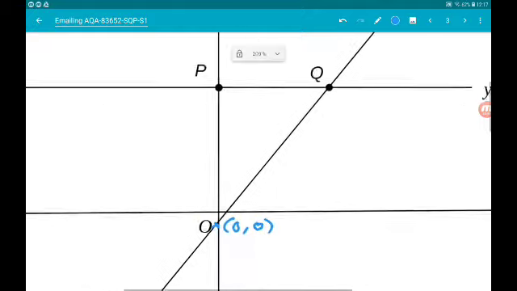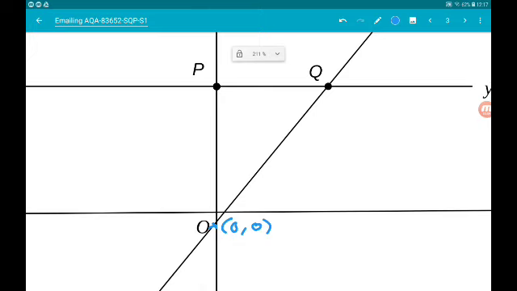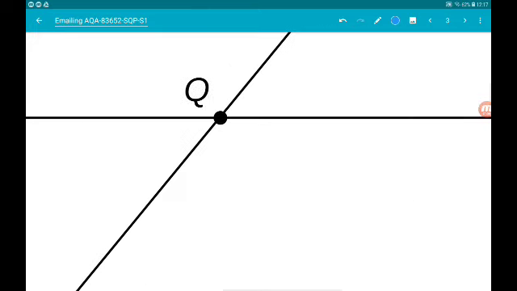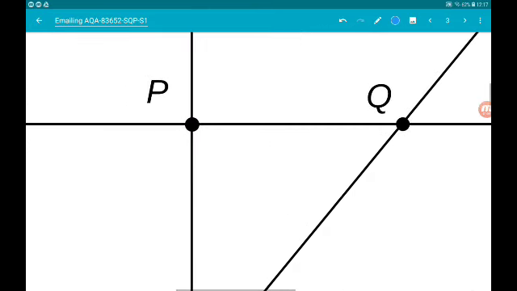So, to work out the area of a triangle, we need to know the height and base. We know that the horizontal line is y equals 6, so we know the coordinates of P are 0, 6.